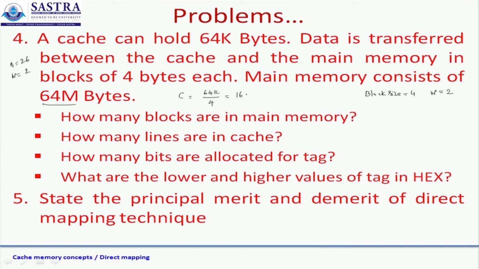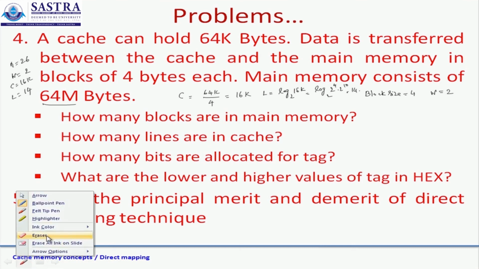So the number of cache lines is 16K. So what is L? L equal to log of 16K base 2, log of 2 power 4 into 2 power 10 base 2, equal to 14. So we know C equal to 16K and L equal to 14.